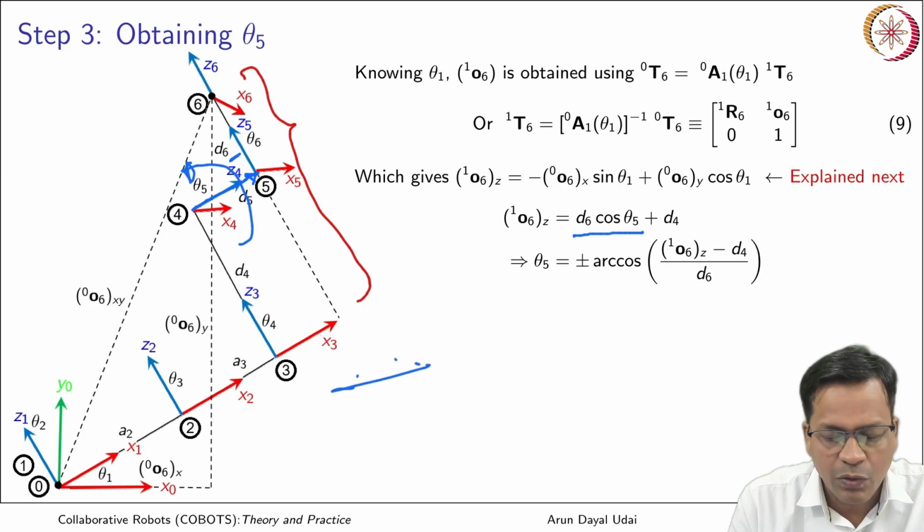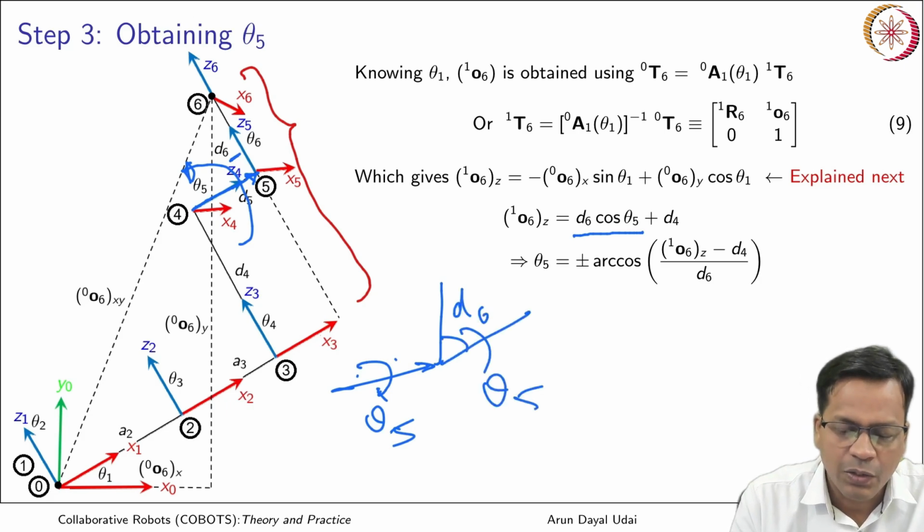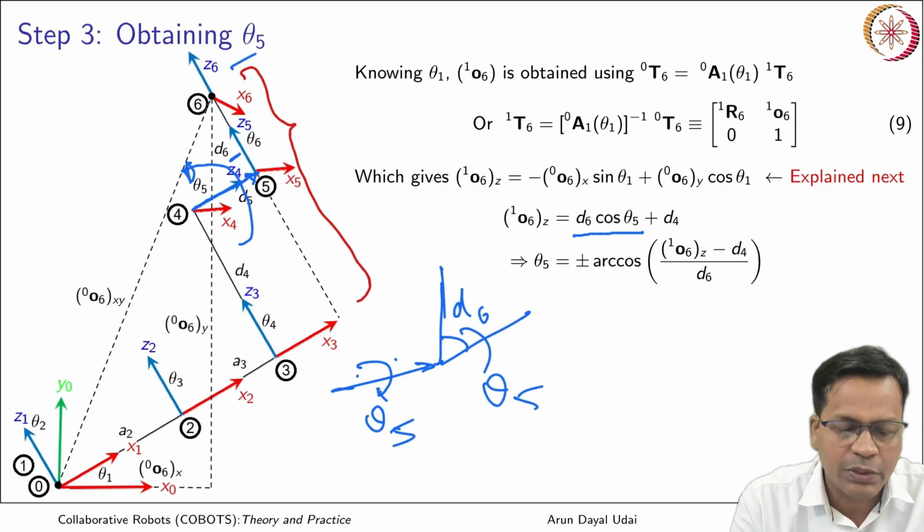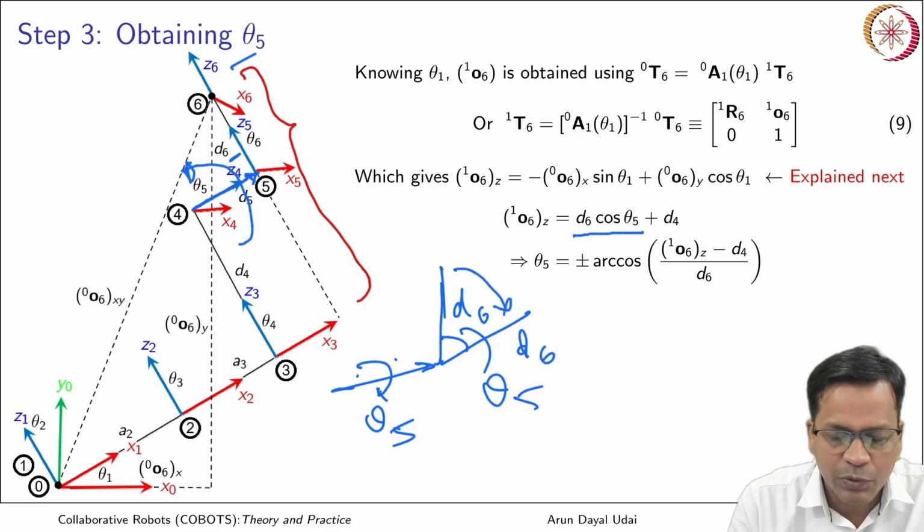If this is your theta 5, whatever is d6 over here will rotate by an angle theta 5, is it not? So d6 cosine will come along the Z6 direction. That projection is now used. If d6 comes from here to here, this becomes your d6 cosine of theta 5.